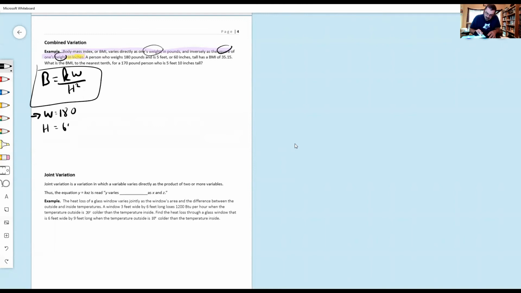H is 60. B is 35.15. So putting those in, 35.15 equals K times 180 over 60 squared.